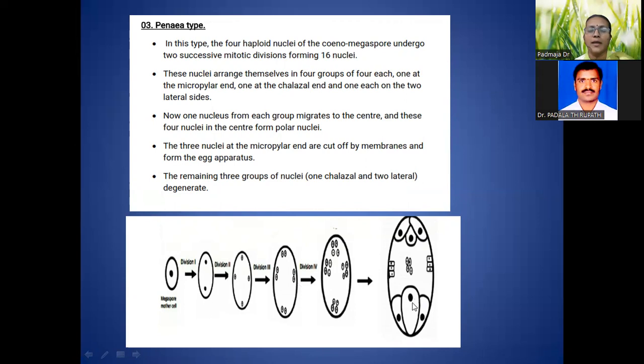At the micropylar end, the egg apparatus is present, consisting of a central egg nucleus with synergids on either side. On the lateral sides, on either side of this embryo sac, 3 nuclei are there, and at the chalazal end the 3 antipodals are present, and 4 nuclei have migrated to the center.